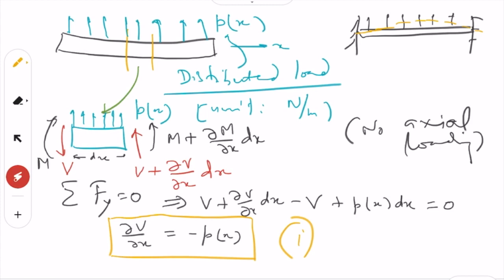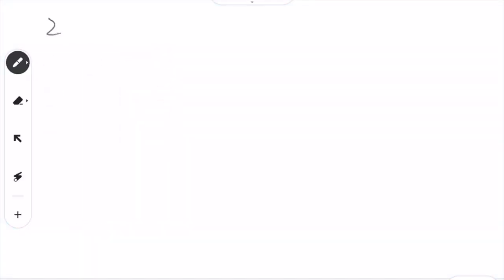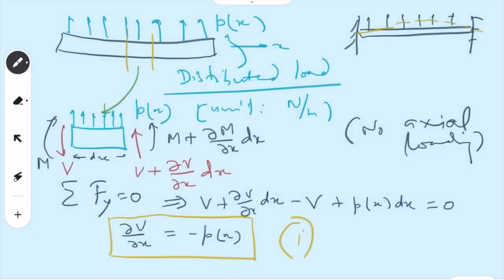Now, the next thing is this bending moment. We can take moment about a point. Let us take moment about this one and see how it works out. The second condition is that the summation of all moments is equal to 0, and we take moment about this point.